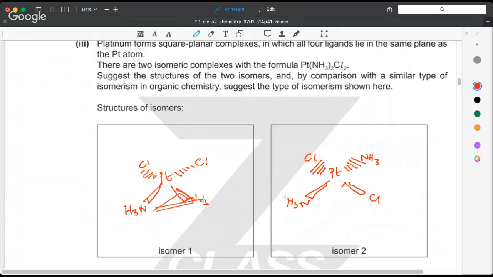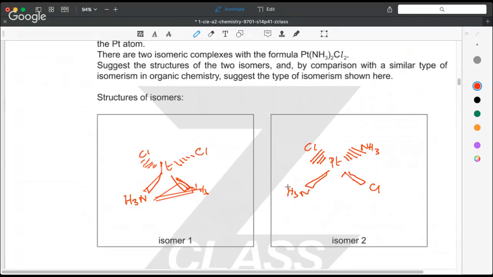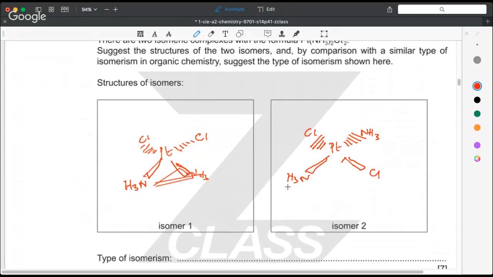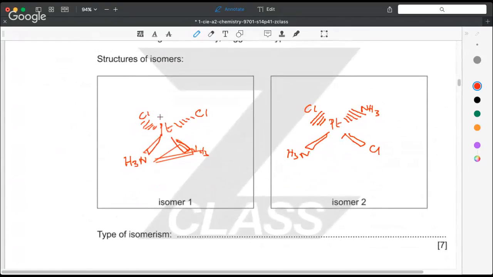And those 2 are proper isomers. And you can see they've got different arrangements in space. The 2 chloride ligands there are adjacent, whereas here they're opposite. The ammonia ligands are adjacent, here they're opposite. So that type of isomerism is geometric.